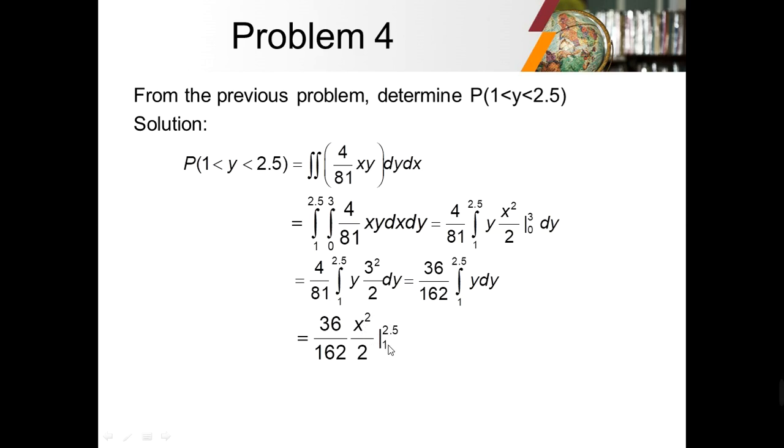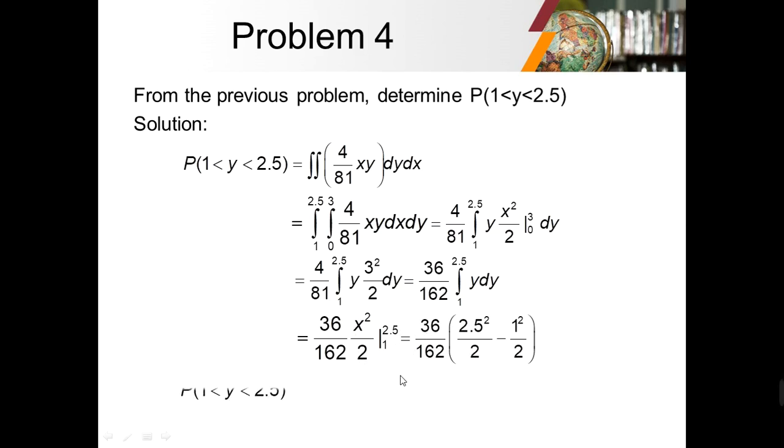Pero this time, meron na tayong lower limit na 1. Hindi na siya 0. So, minus 1 squared over 2 tayo. Okay? So, ito, sinubstitutan muna natin nung 2.5. So, that's 2.5 squared over 2. Minus yung lower limit naman niya. So, that is 1 squared over 2.